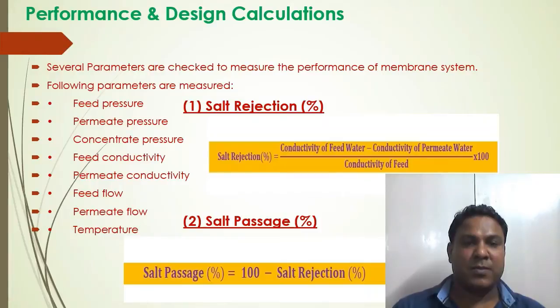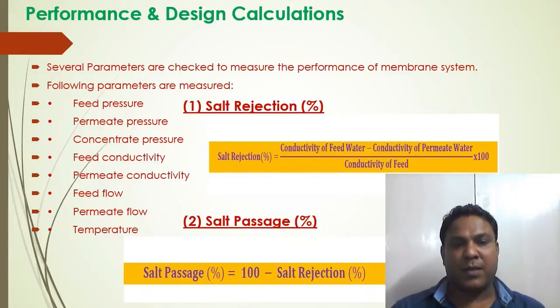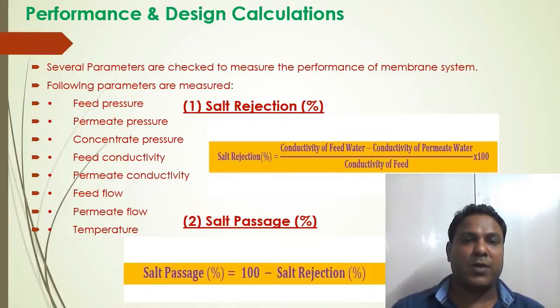So these parameters are very helpful for the measurement of performance and design calculation of an RO membrane system. Here, first we will discuss salt rejection, which is a measuring parameter. This equation tells how effectively the RO membranes are removing contaminants.